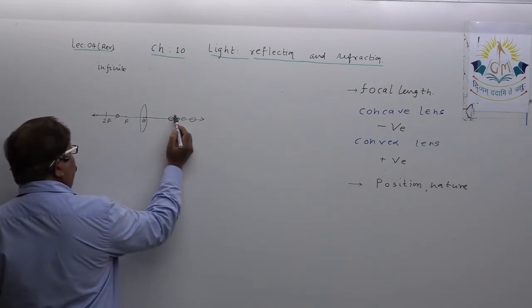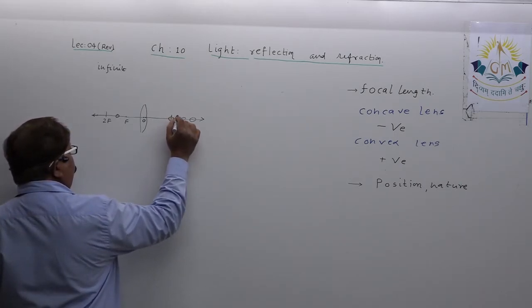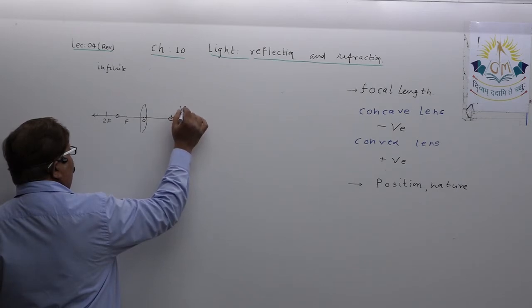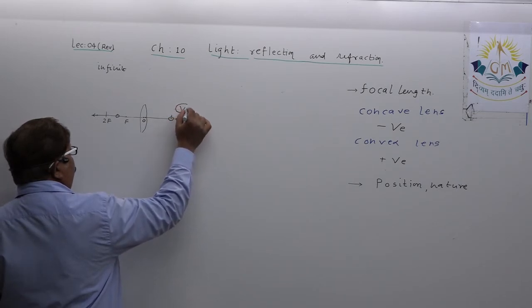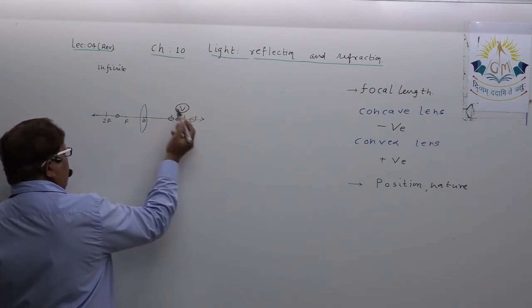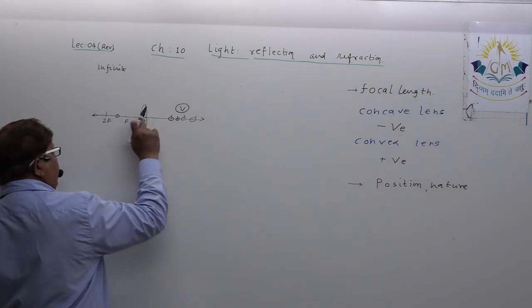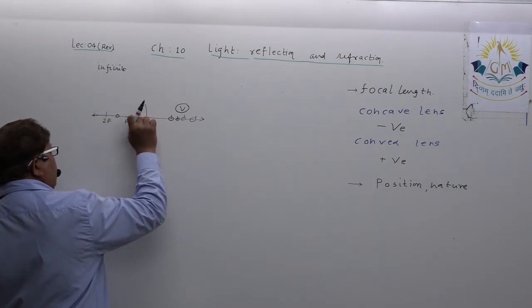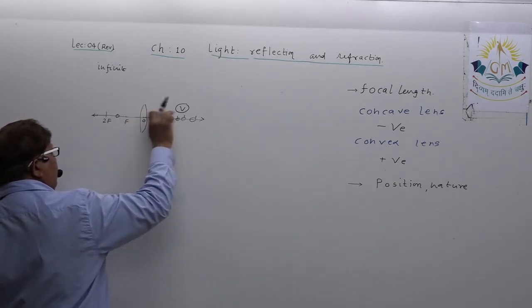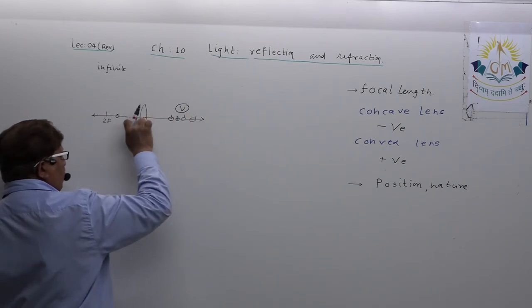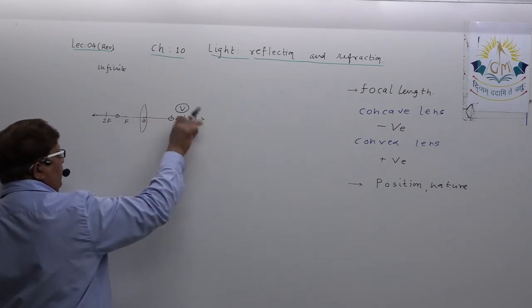This location which I have just shown represents the image distance, which is obviously going to be positive as per the Cartesian rule, because we are moving from the pole, means optical center, to the right.